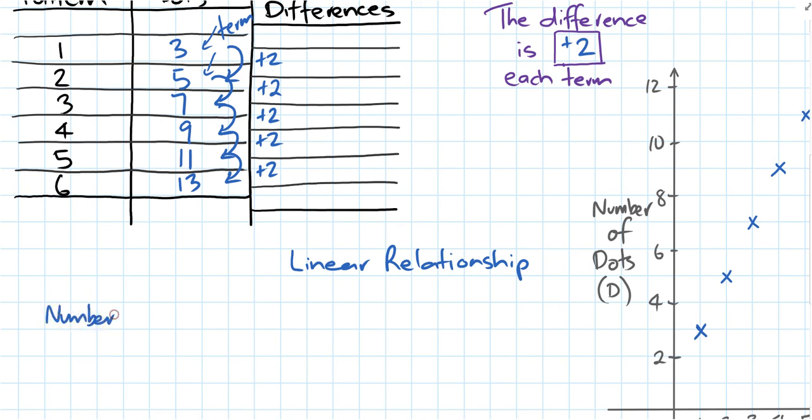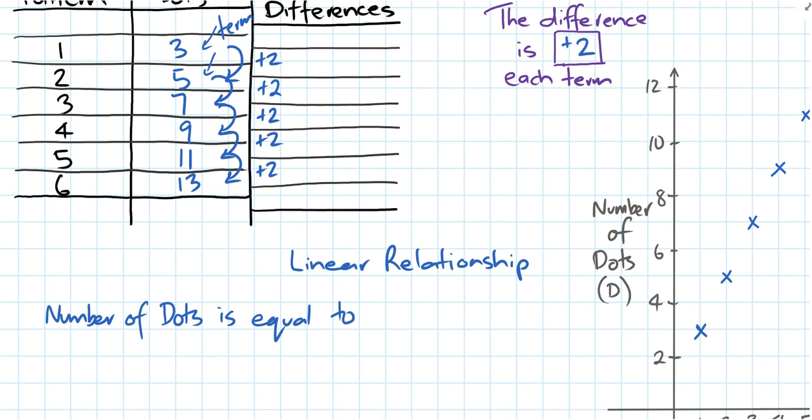So how do we work that out? Number of dots is equal to, and we're going to use the first difference. Since the first difference is plus 2, we're going to multiply the pattern number by that first difference.